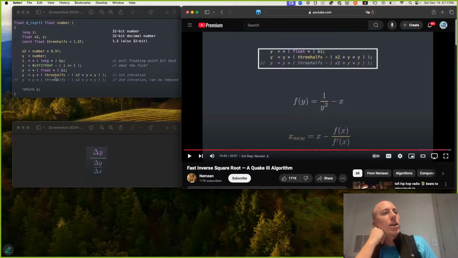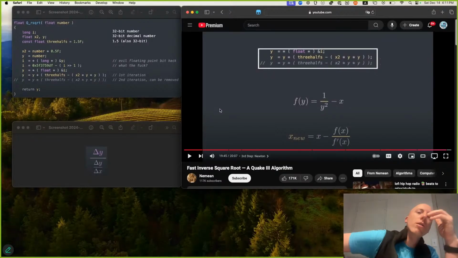The 3 halves was like 3 divided by 2, but you don't need to do that. You just write it as 1.5. So there technically is a division, but you're able to get away without doing that division. And then there was that divided by 2 term, but you could just do a bit shift.